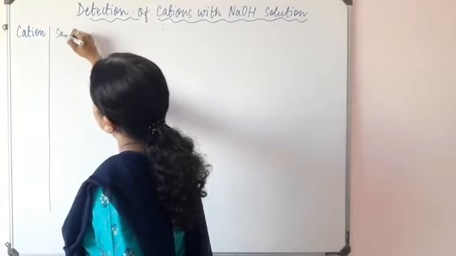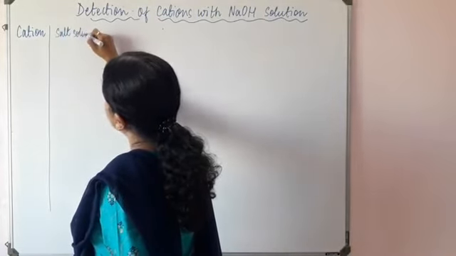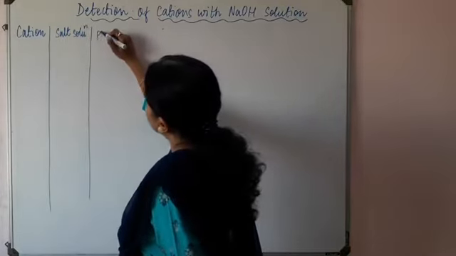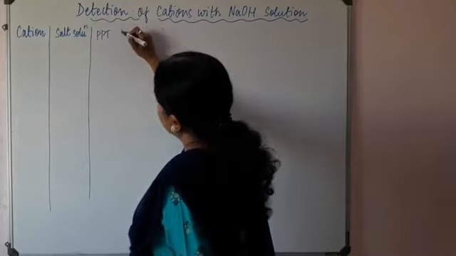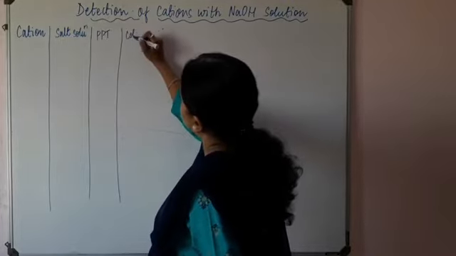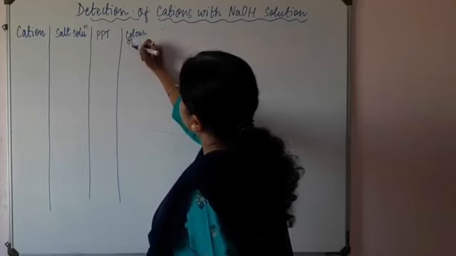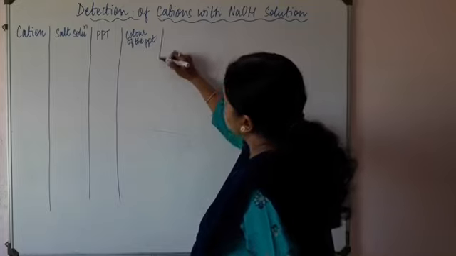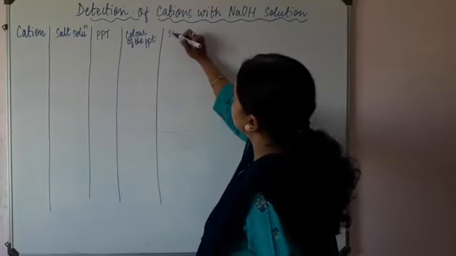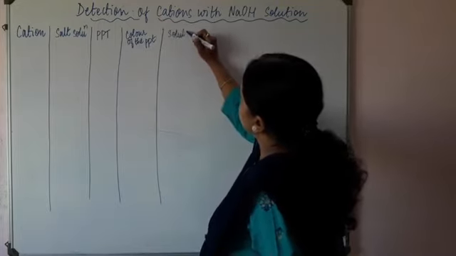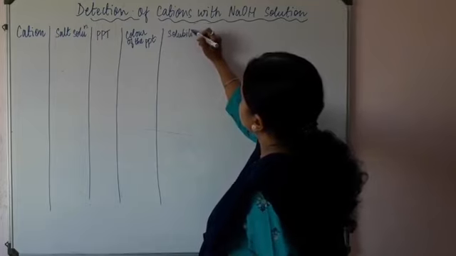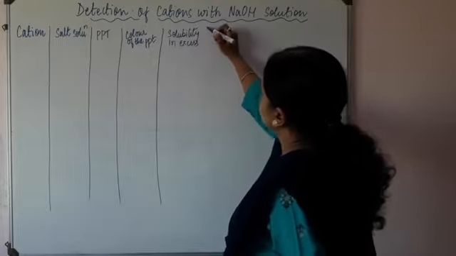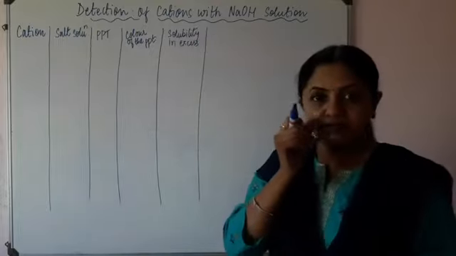Then what is the salt solution you are taking? That is important. After that, what is the precipitate formed over here? And the color of the precipitate, the color of the PPT, right? And whether it is soluble or not soluble in excess. So solubility in excess of alkali. So this is what we are going to study today, right?